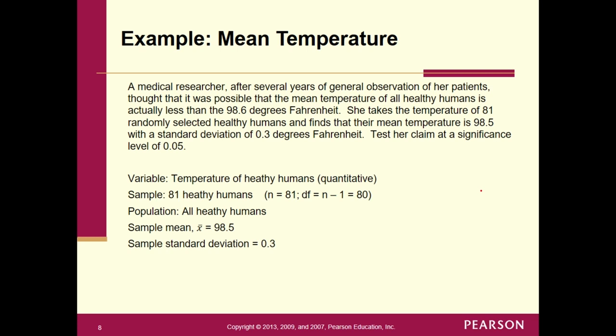That turned out to be 0.3, so that's s in the problem. I probably should have put that, but that's s. There we go, now I did. Significance level, we might as well state that. Remember that's alpha, and that's 0.05.